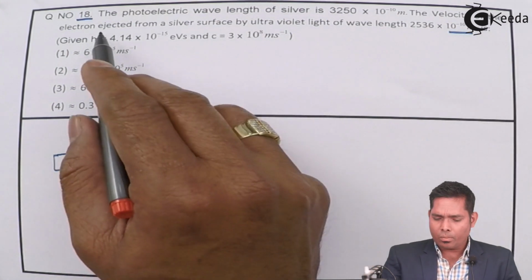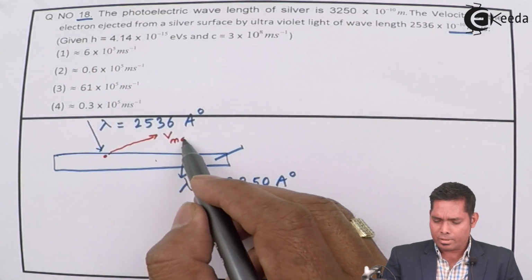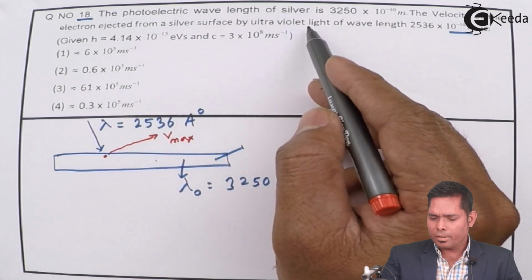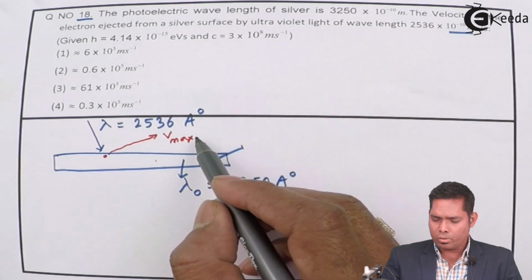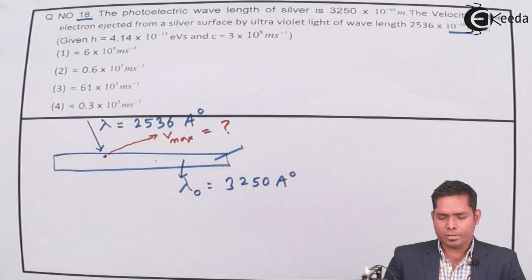The velocity of the electron ejected, suppose it is moving with velocity V max from the silver surface by this light, is how much? We have to find this velocity, and the answer should be in meter per second.